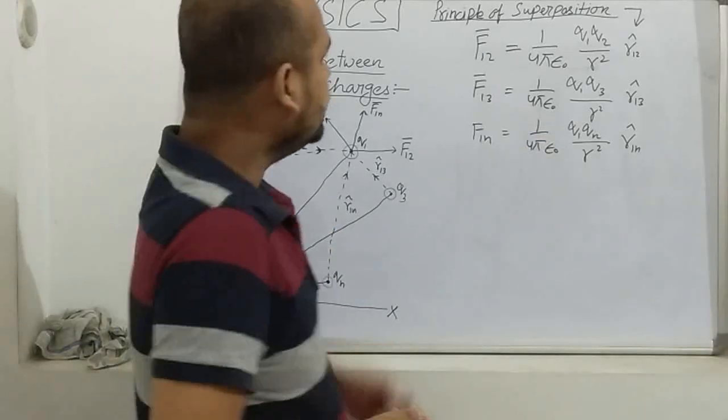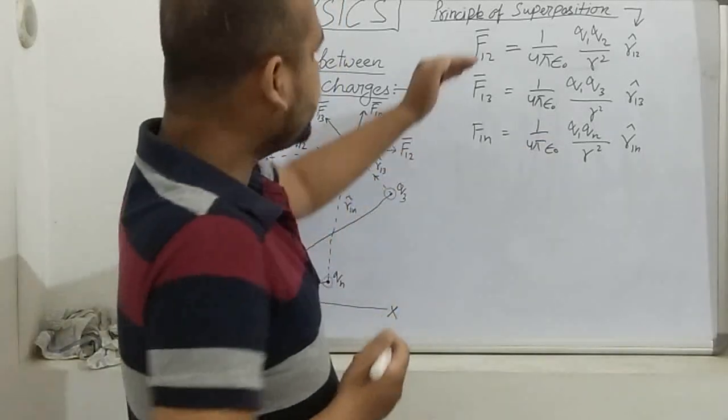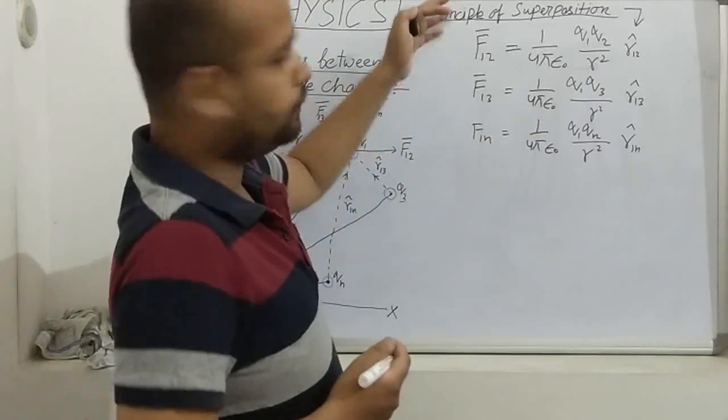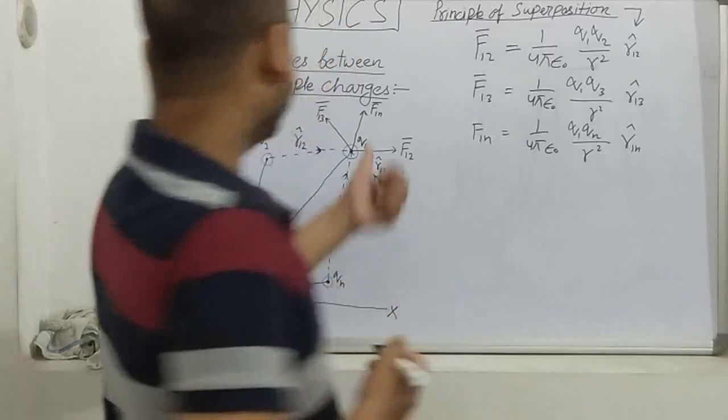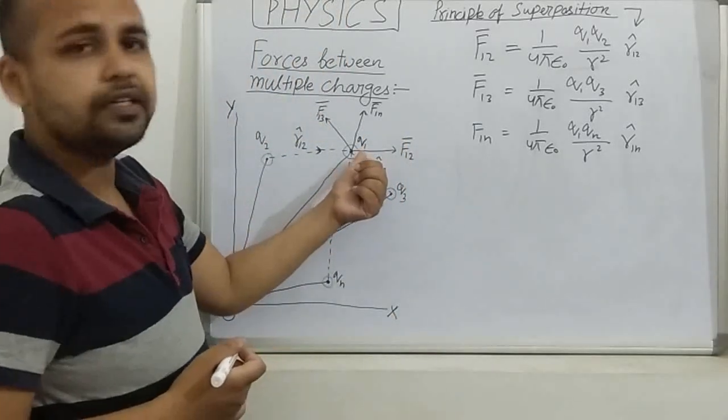Now what we will do? We will take the vector sum of the forces from F12 to F1n, and we will get the net force on Q1, that is F1.